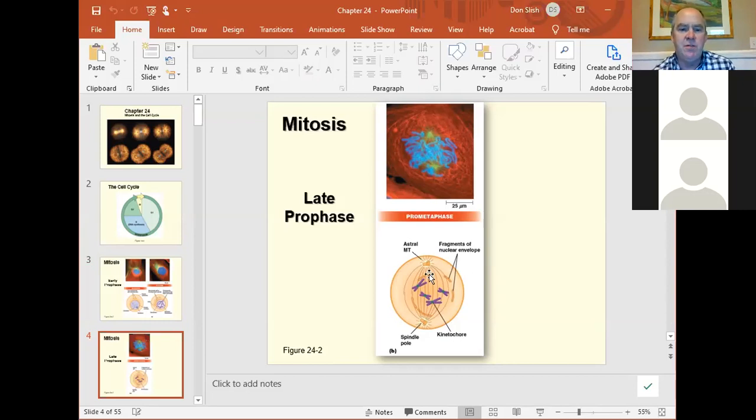Now here in late prophase, you've got microtubules of the mitotic spindle attaching to the kinetochore. We'll talk about the kinetochore later, but the kinetochore is a bunch of proteins attached to the centromere of the sister chromatids. So those sister chromatids have repeat sequences in the centromeres.